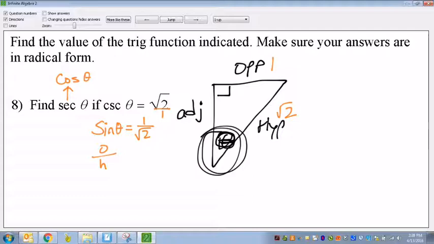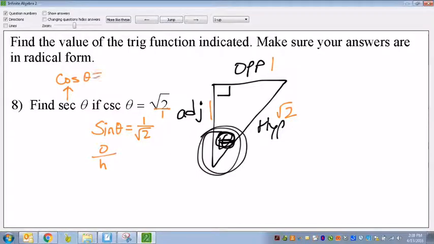Look at that triangle. If the hypotenuse is radical 2 and one of the legs is 1, this might be a special triangle. Yes, it is a special right triangle. So if one of the legs is 1 and the hypotenuse is radical 2, of course the other leg is 1. Don't believe me? Do the Pythagorean theorem. You'll get it.